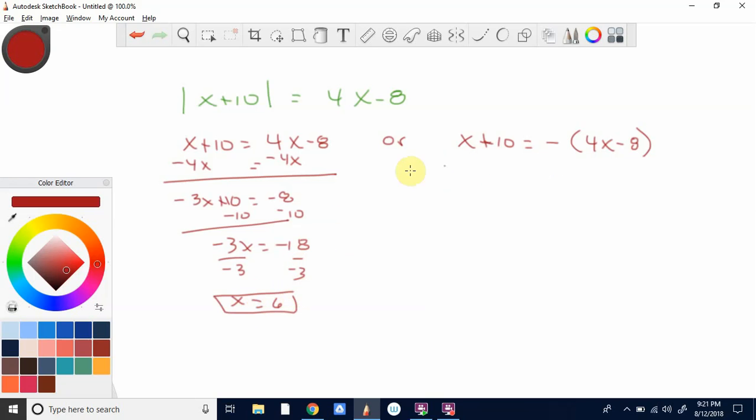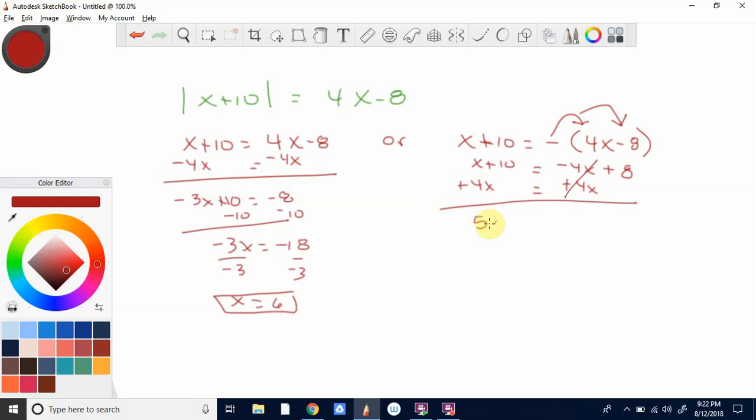Now here, before I can go on, I'm going to need to do what with this negative? You need to distribute it, because this implies times everything in here. So we have negative 4x plus 8, because negative times negative is positive. Now we just simply solve the equation using our properties of equation.